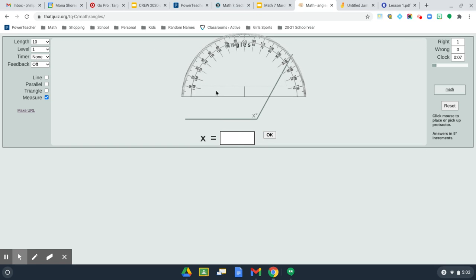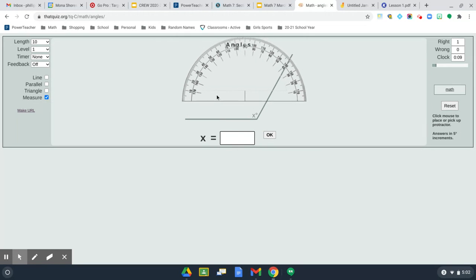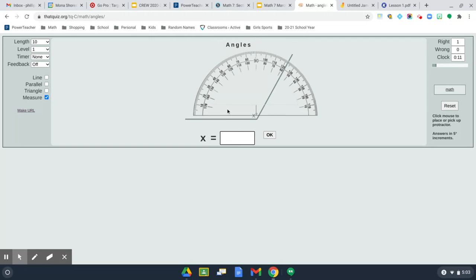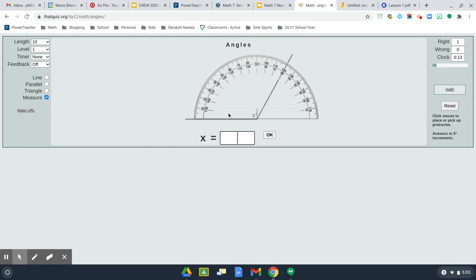So the protractor is going to come up again for the next one. And I'm going to make sure the center point goes right in the corner. And then I line the bottom of that protractor up with the bottom of the angle. And I click and it sets that protractor. I'm going to classify the angle. This is an angle that is more than 90 degrees, greater than 90. So this is an obtuse angle.